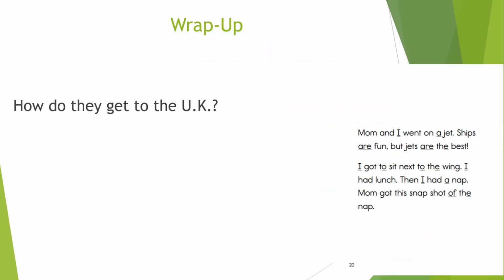Think back to page 20. In the story, it says that ships are fun, but jets are the best. So it looks like they took a jet to the UK. It also says in the story, Mom and I went on a jet. So these are your best clues to know how they got to the UK.